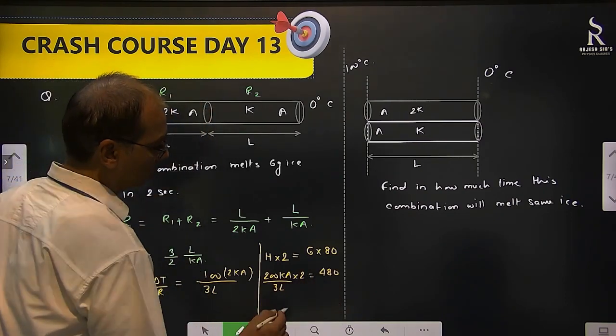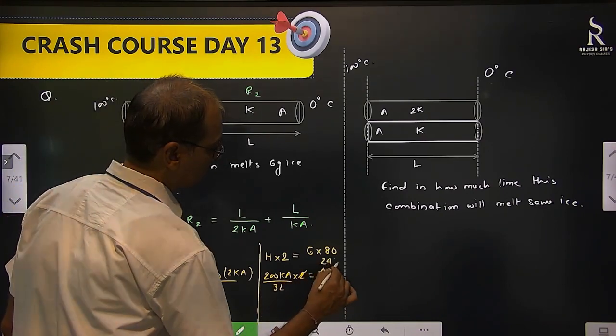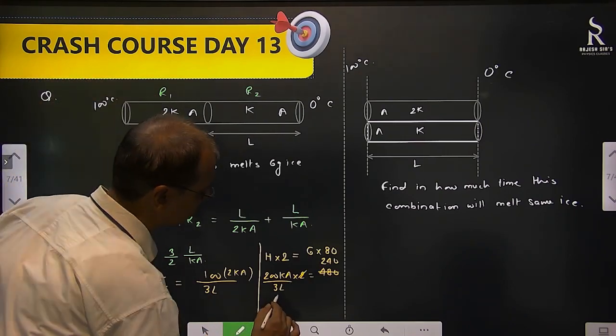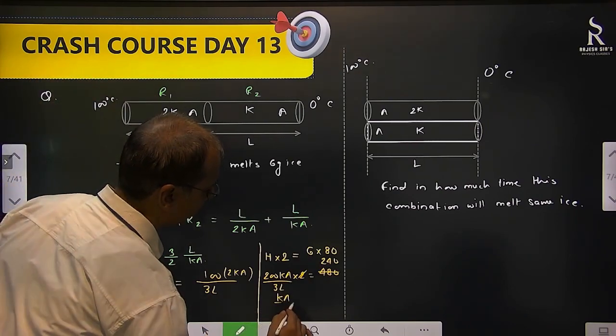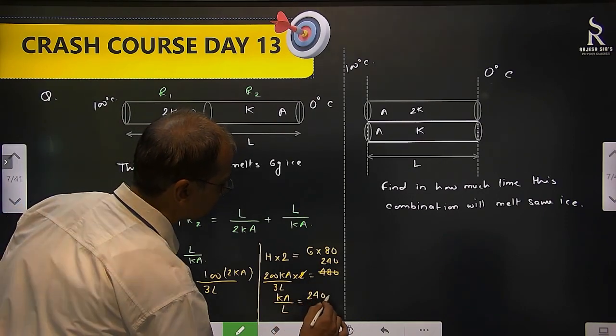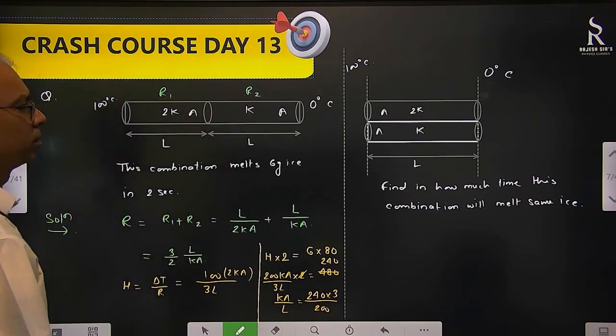Then this is 240 into 3L. So what are we trying to calculate? Actually the Ka by L value. Ka by L is 240 into 3 by 200. Okay, keep it with us.